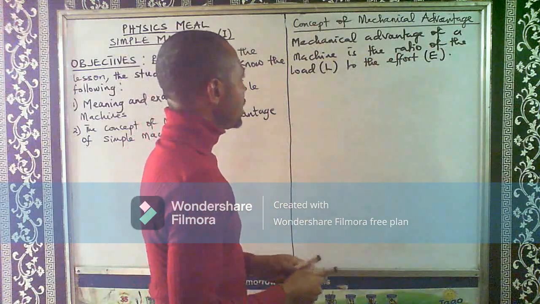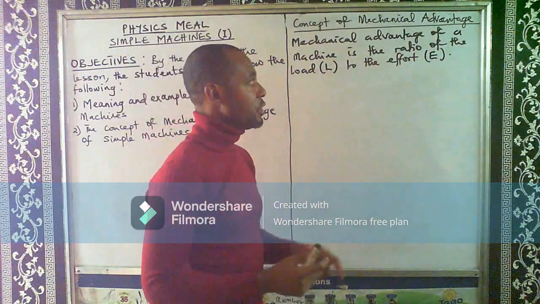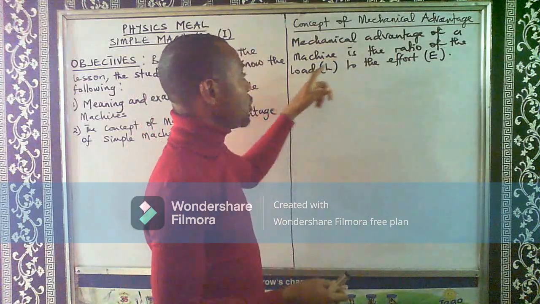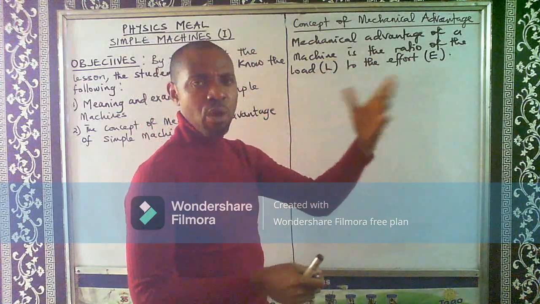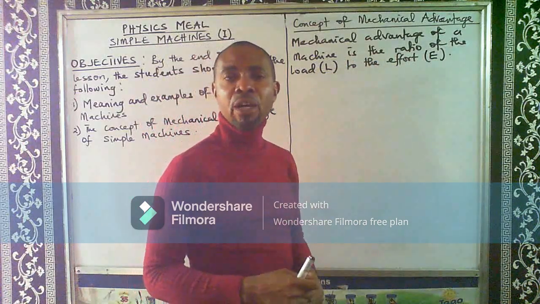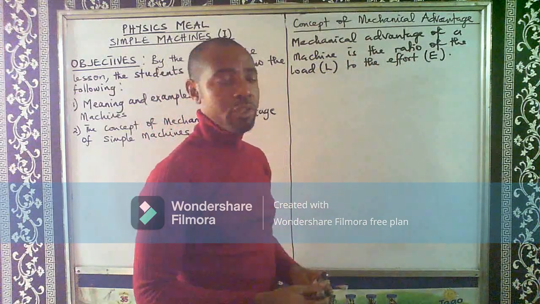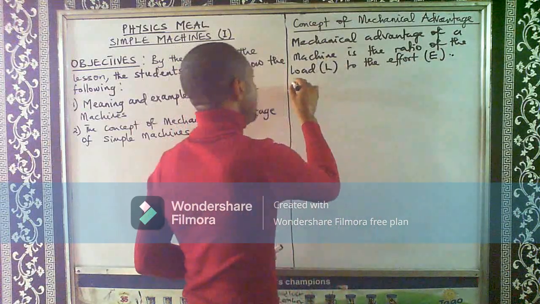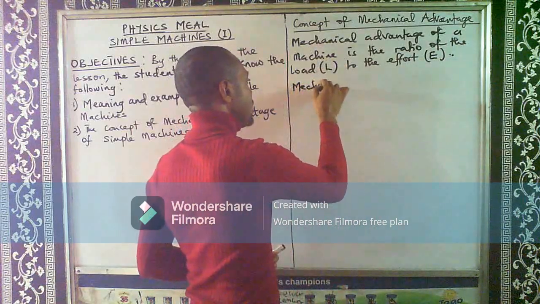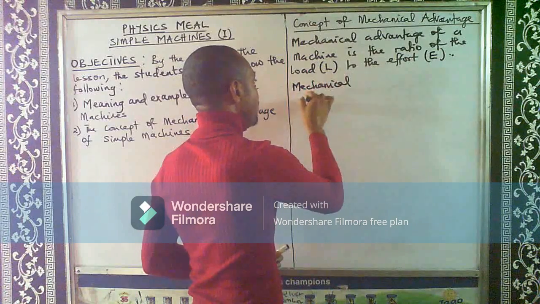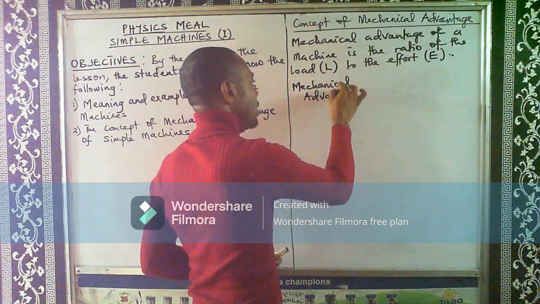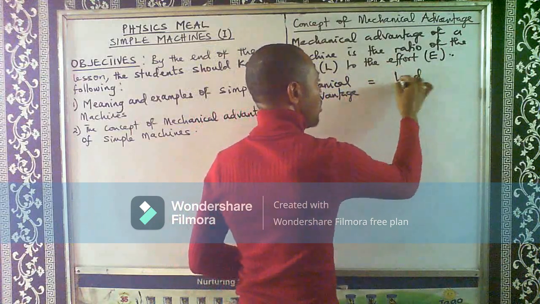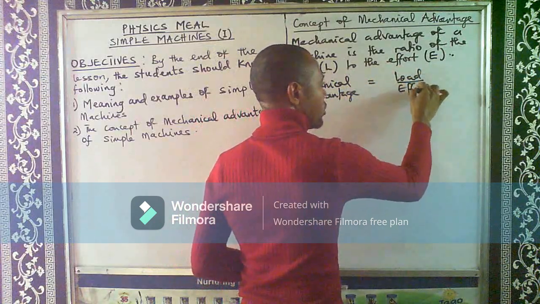So you now see that load is force. Effort is also force. So this ratio of two forces, that's why we also call mechanical advantage force ratio. Now, what it means is that mechanical advantage is load over effort.